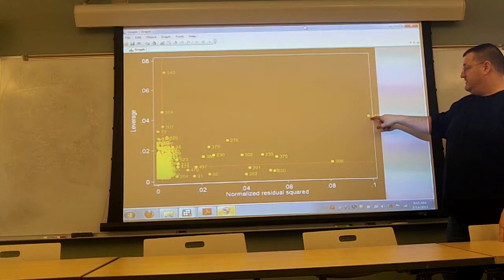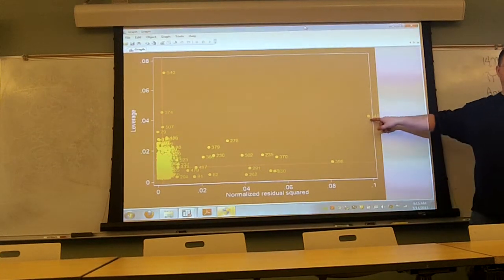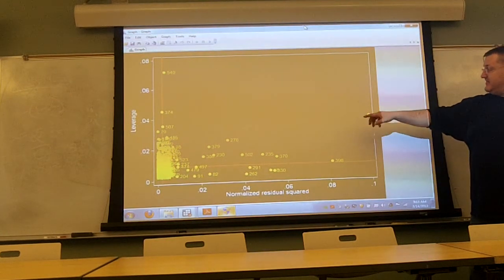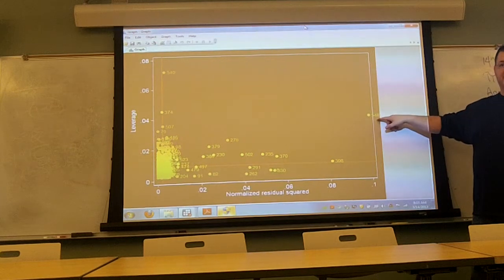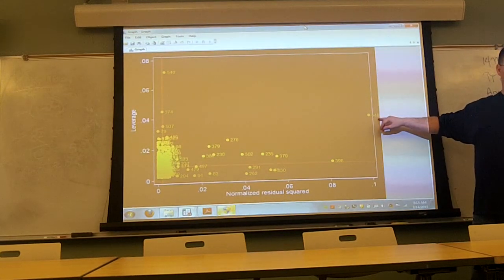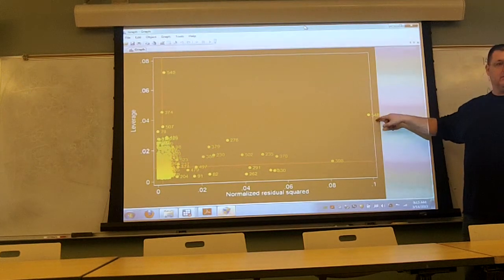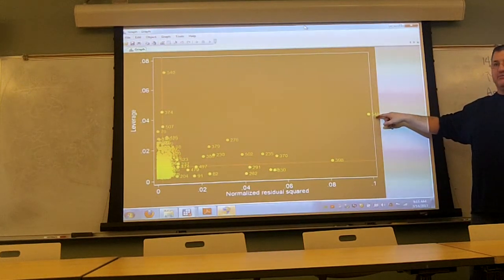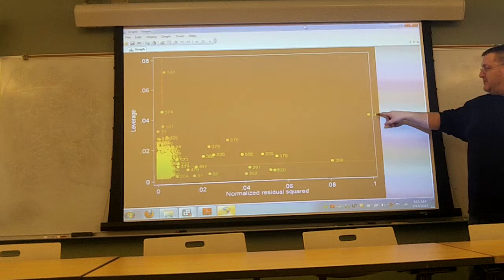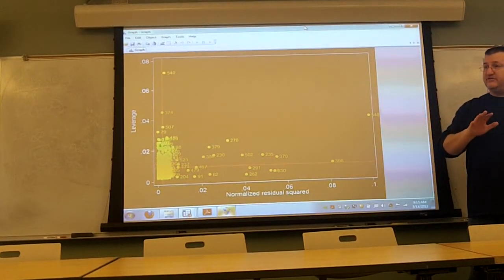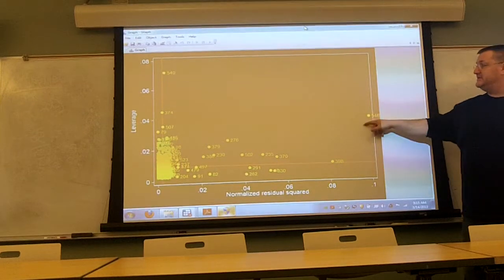We've done a very poor job of predicting it. But if I look at its leverage, it's not terrible. So even though this is an outlier with respect to the y variable, it doesn't appear to be exerting too much influence on the parameter estimates.